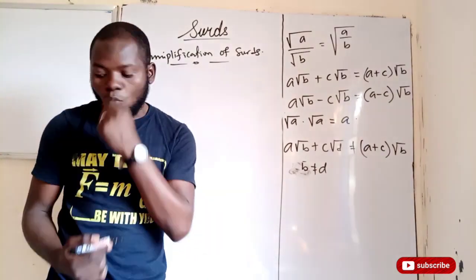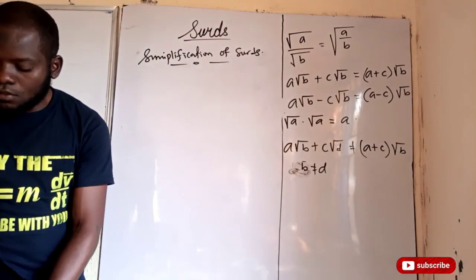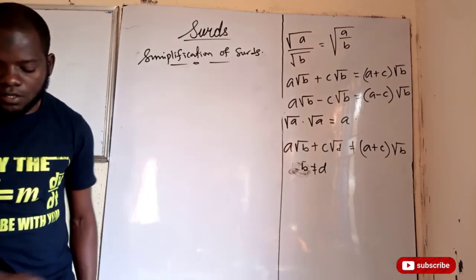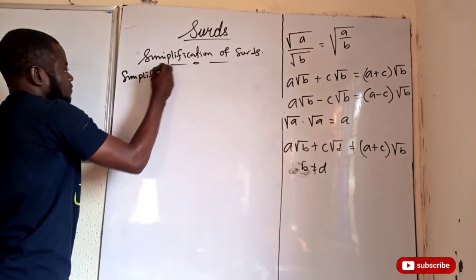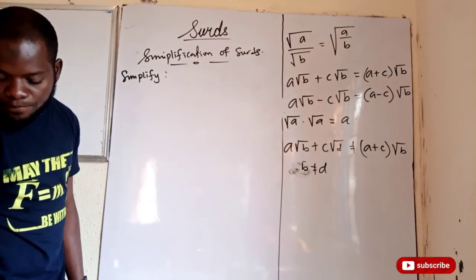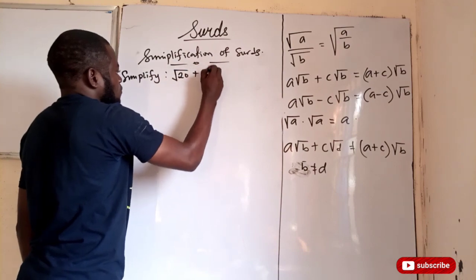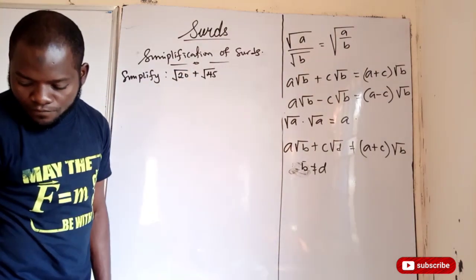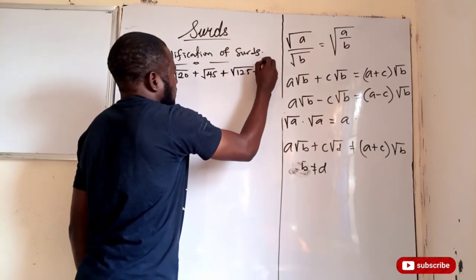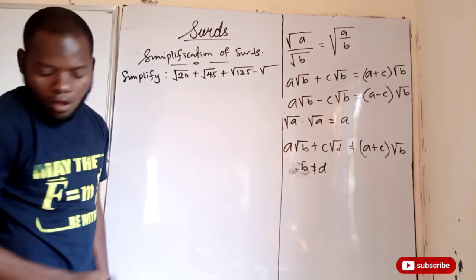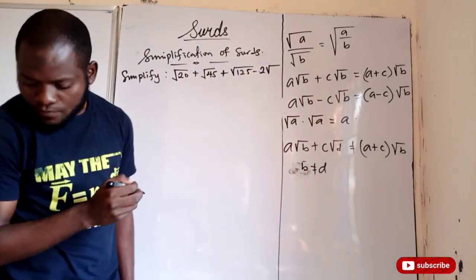Let's look at example 1. Example 1 says simplify the square root of 20 plus the square root of 45 plus the square root of 125 minus 2 root 80.